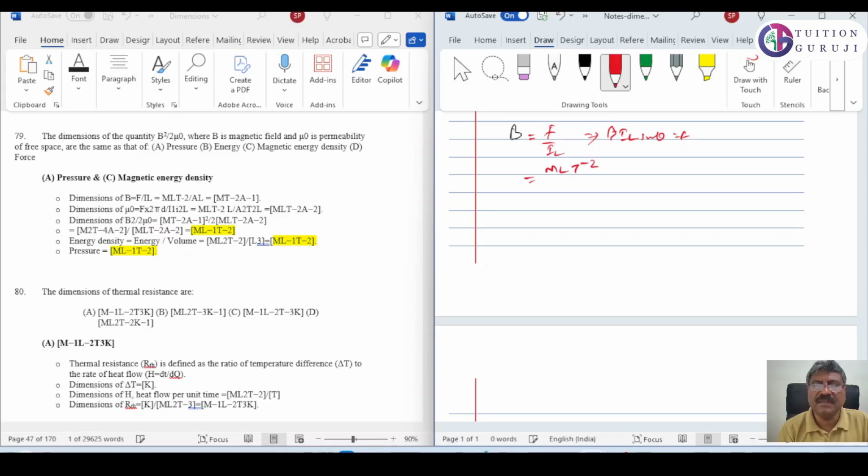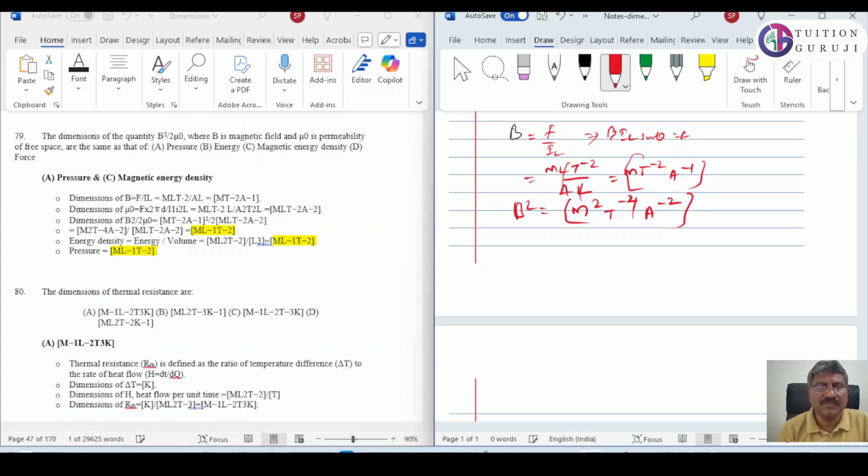So M L T raised to minus 2 by A L. The L gets cancelled, giving M T raised to minus 2 A raised to minus 1. Now B square is equal to M square T raised to minus 4, A raised to minus 2.